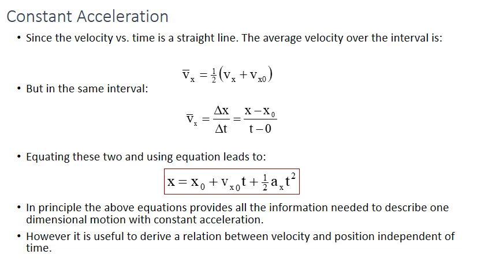Okay, what about the position? How can I find the position as a function of time? If I know calculus, I could just do an integral. The opposite of a derivative is an integral. I know the velocity as a function of time. I could integrate and find the position as a function of time.